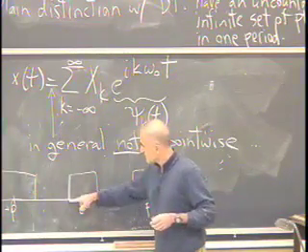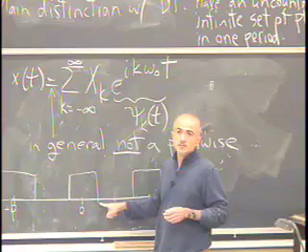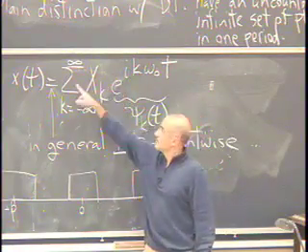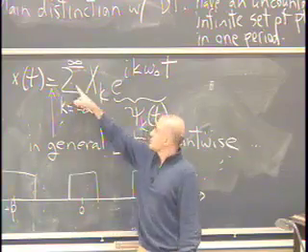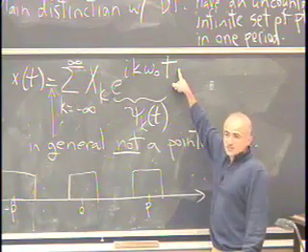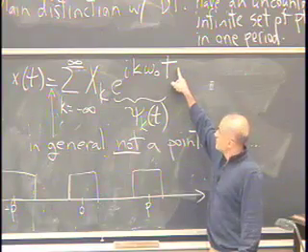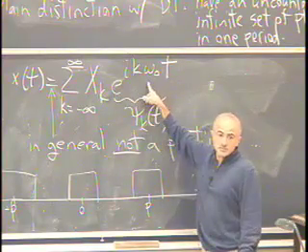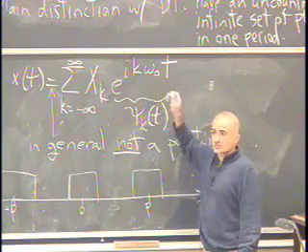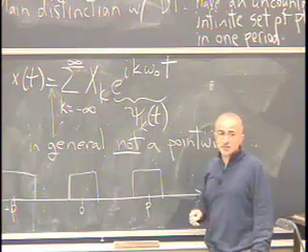Whenever your signal has discontinuities, it's very obvious why this is not a pointwise equality. Because what you're looking at on the right-hand side is a perfectly infinitely differentiable function. Each of these exponentials is infinitely differentiable. You know that already. It's smooth. Whether you plot the imaginary part or the real part, it's smooth.